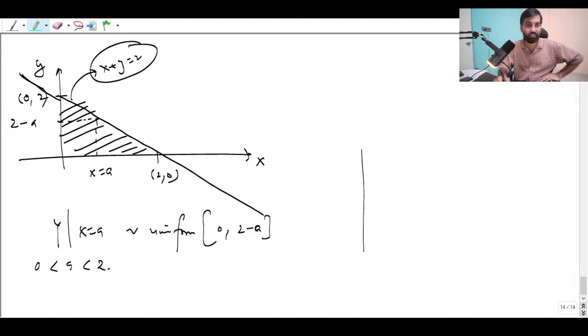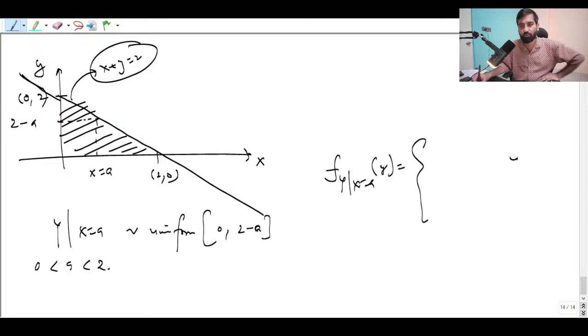You will say yes sir, since it is uniform and now it has become one dimensional, because x equal to a is fixed. So you can write this as the density of y given x equal to a. Now y takes values between 0 to 2 minus a. It is going to be 1 by 2 minus a, and 0 otherwise.